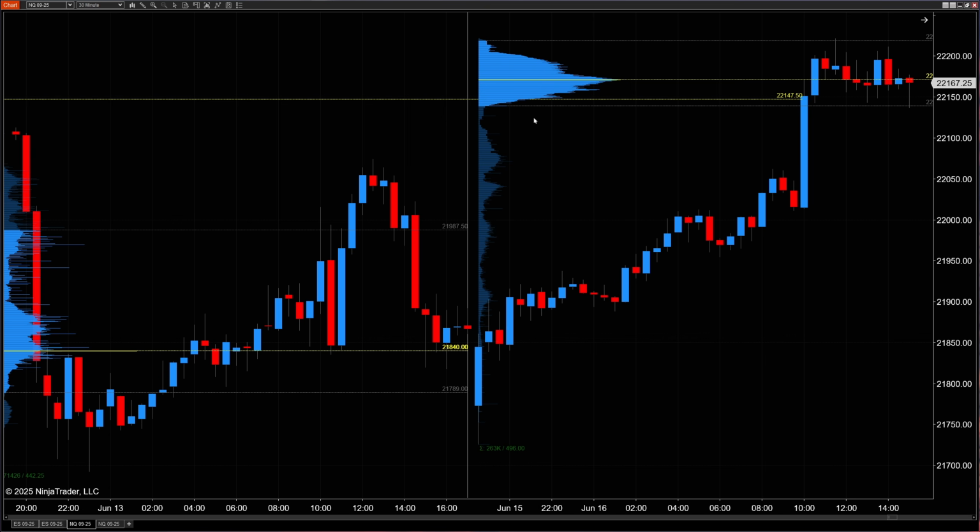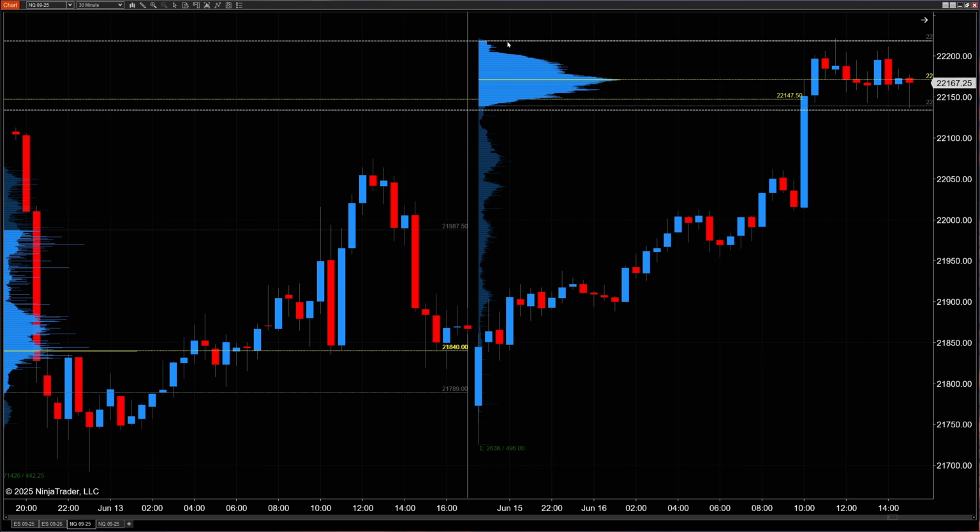So now let's go ahead and role play this out real quick. Let's map out the lower portion of this distribution area. Let's map out the upper part of the distribution area. All right, so now we have our range. So guess what? We already have a plan in mind. And just so we don't cherry pick this, just in case we start to break below the lower portion of the distribution, let's map this out.